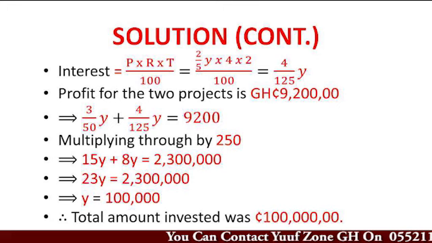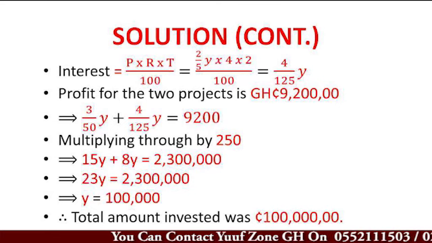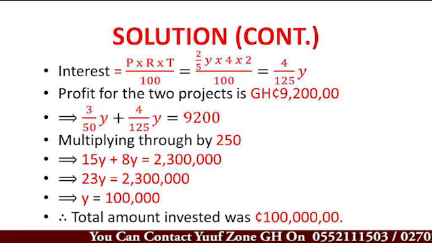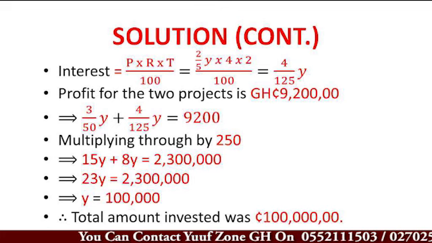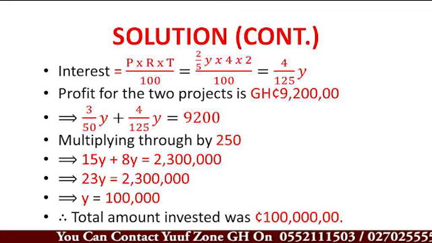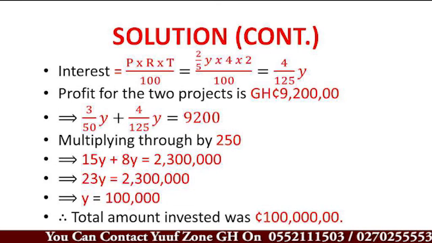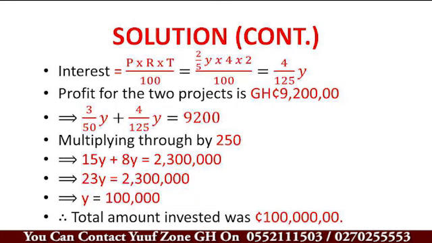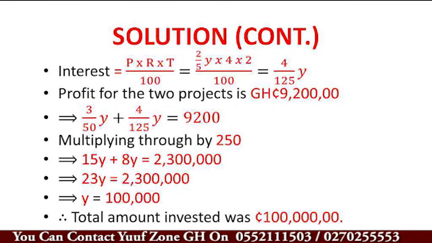Whatever the man gets as interest for the first project plus whatever he gets on the second project gives the total profit he has made for the two projects. So for the first project we have 3 over 50y, and for the other project 4 over 125y. Then you equate it to the profit.